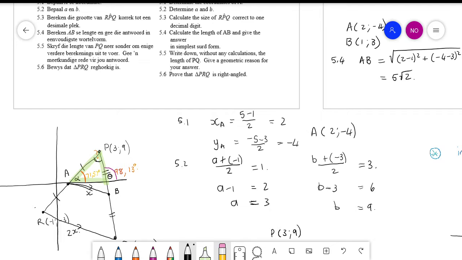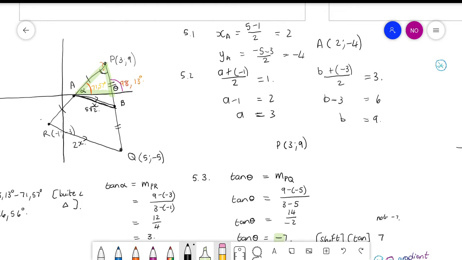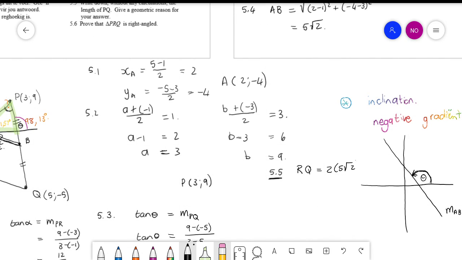So if we worked out that this length is equal to 5 root 2, then this one, the one they're asking for in PQ, must be double that. So for 5.5, RQ will be equal to 2 times 5 root 2, which is 10 root 2, and your reason will be the midpoint theorem. Go look at that midpoint theorem from grade 10 again, but that's a bit of a harder question.